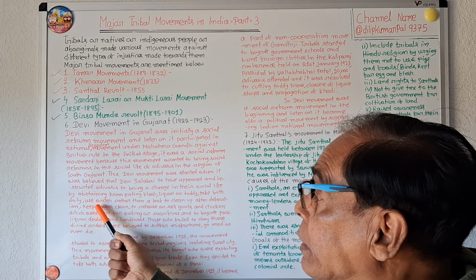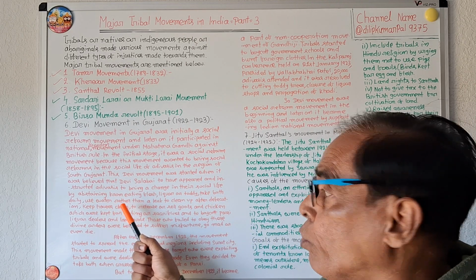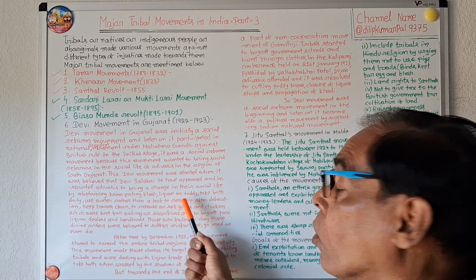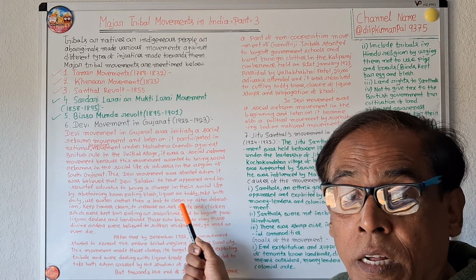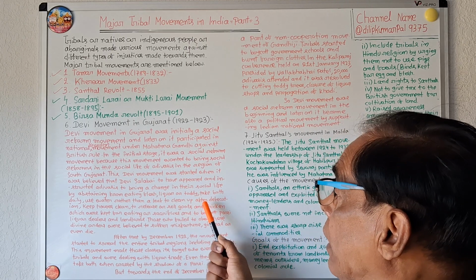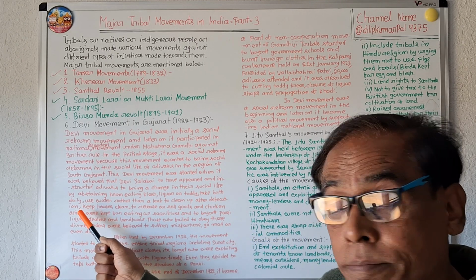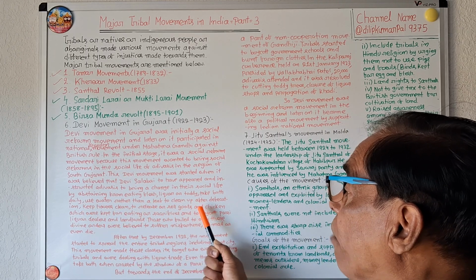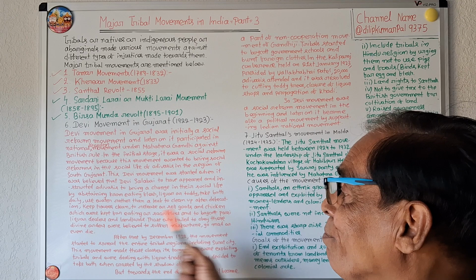How? By keeping themselves aloof from eating flesh, liquor or toddy. Toddy is a type of liquor prepared from palm tree. Then take bath daily. Use water rather than leaf to clean up after defecation.